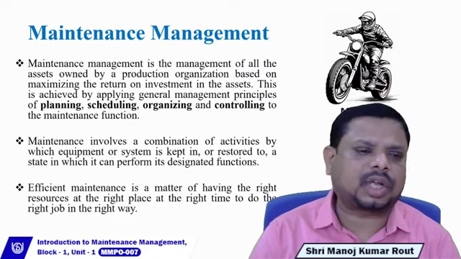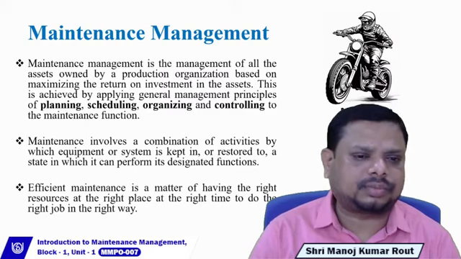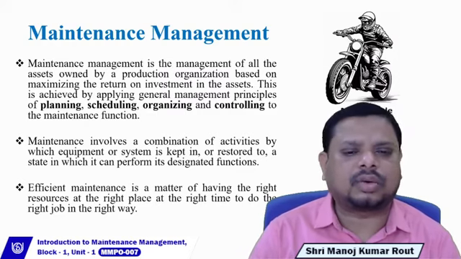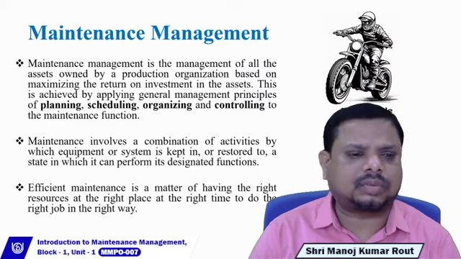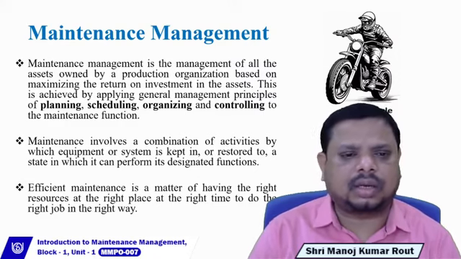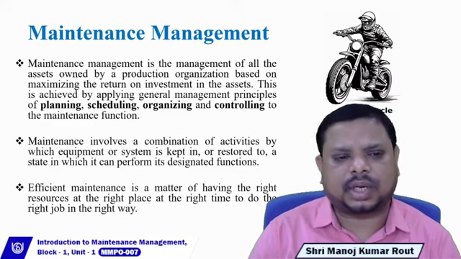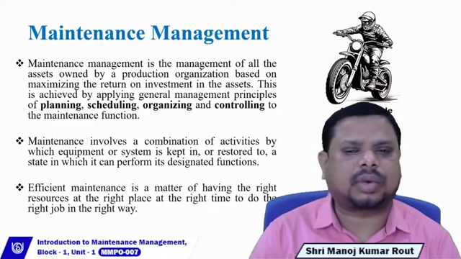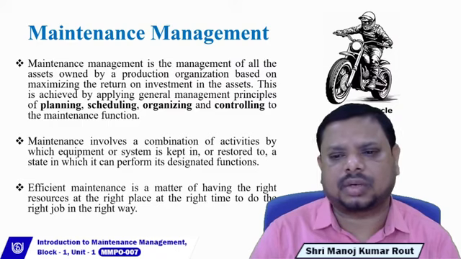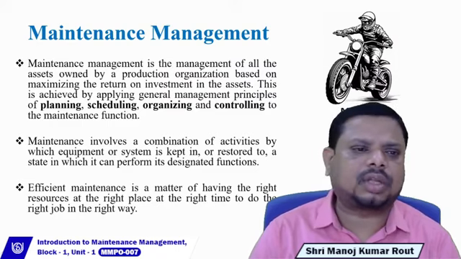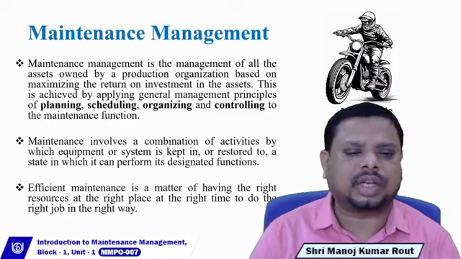The same thing happens in an organization when they receive any kind of order from the customers. Immediately they focus on their own capacities. Capacity basically focuses on man, machine and materials. Whenever they perform operational activities, it starts with planning, scheduling, organizing and control activities. In the same manner, you have to focus on maintenance management.